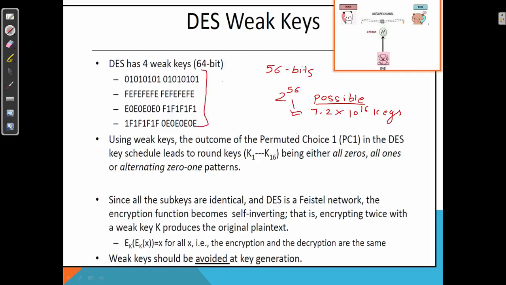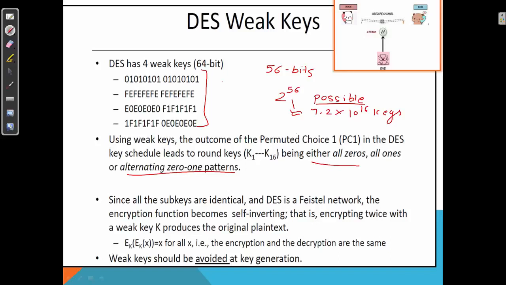Using these weak keys, the outcome of PC1, or Permuted Choice 1, in the DES key schedule leads to round keys K1 to K16 being either all 0, all 1, or an alternating pattern of 0 and 1.